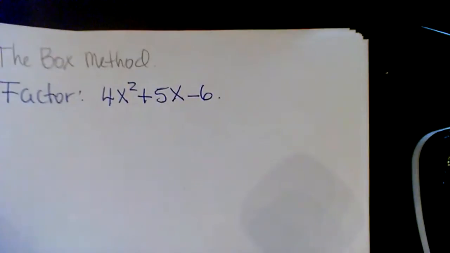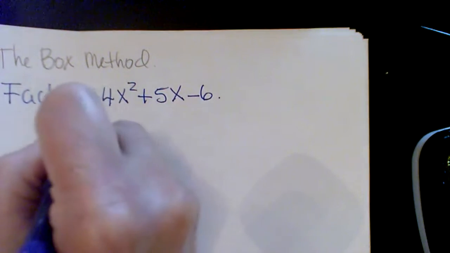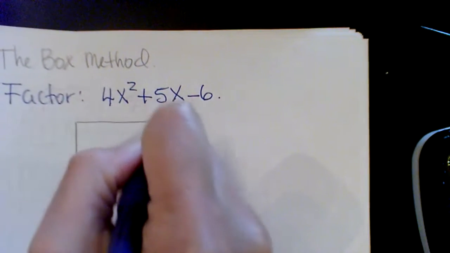What we need to do when we're doing the box method is just build a box, just a square. That's what we need to do there. All right, so here's my box.